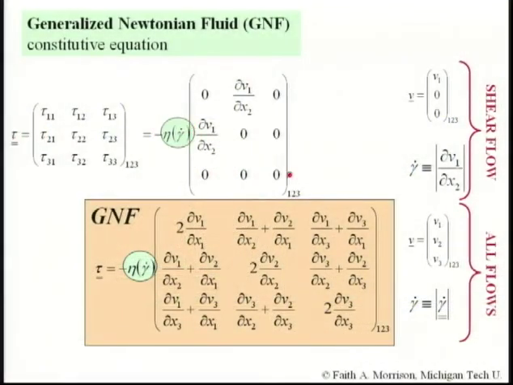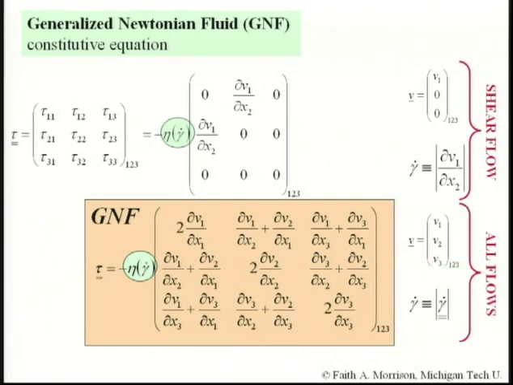Okay? If I say that the stress is going to be this viscosity function times the rate of deformation tensor in shear, then I'm also saying that the stress is going to be that function times the rate of deformation tensor in any flow, any arbitrary flow.